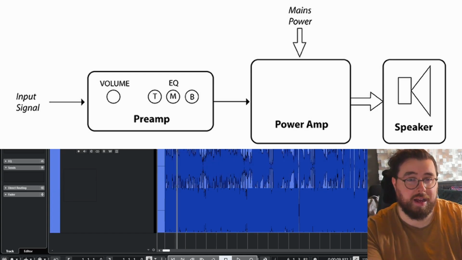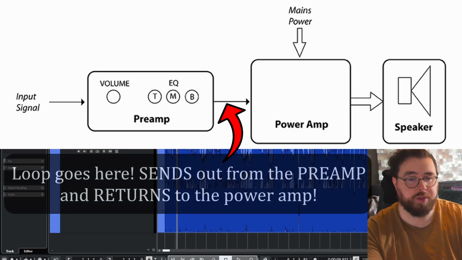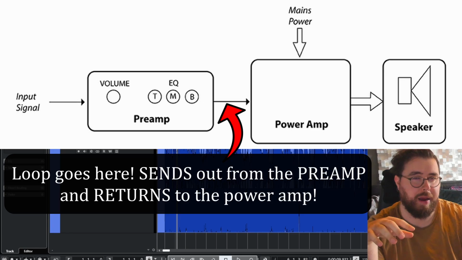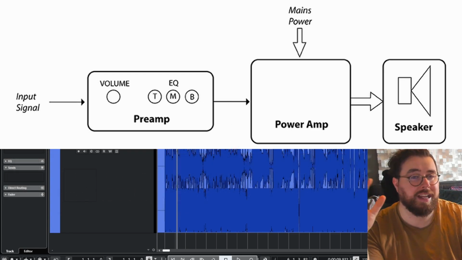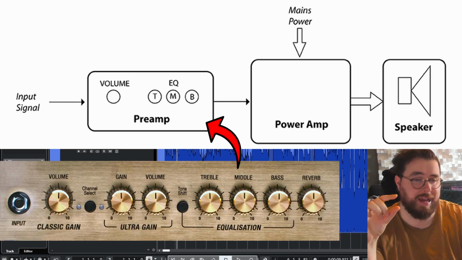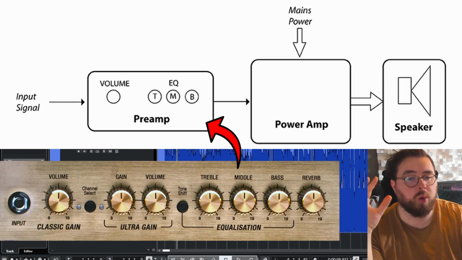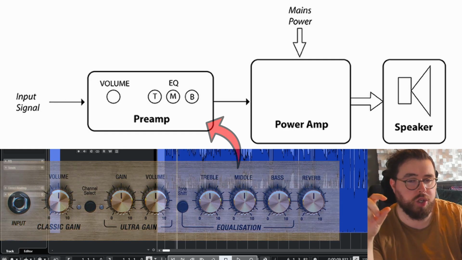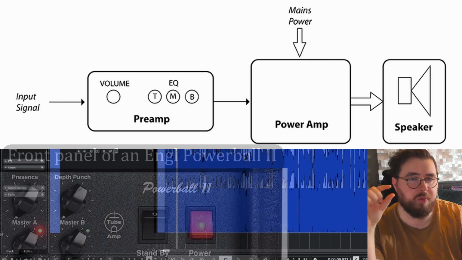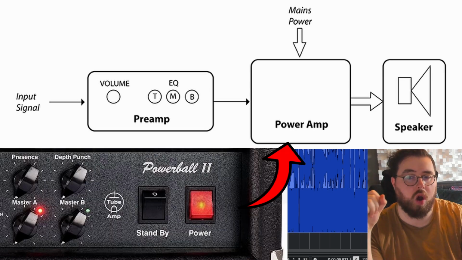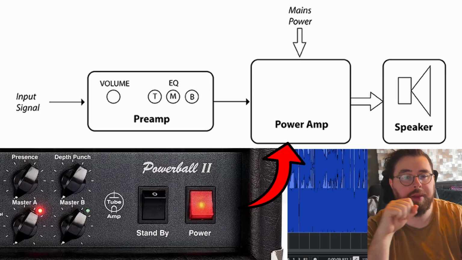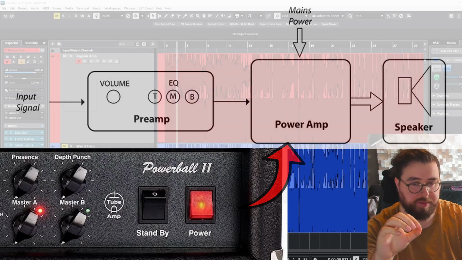A lot of modern amps have a loop send and return between the pre and the power amp, and most of the EQ knobs on any given amp control parameters that are in the preamp. There's some notable exceptions. Those knobs are usually labeled as presence or depth, depending on the amp that you have. Those often happen in the power amp section as opposed to the preamp section.